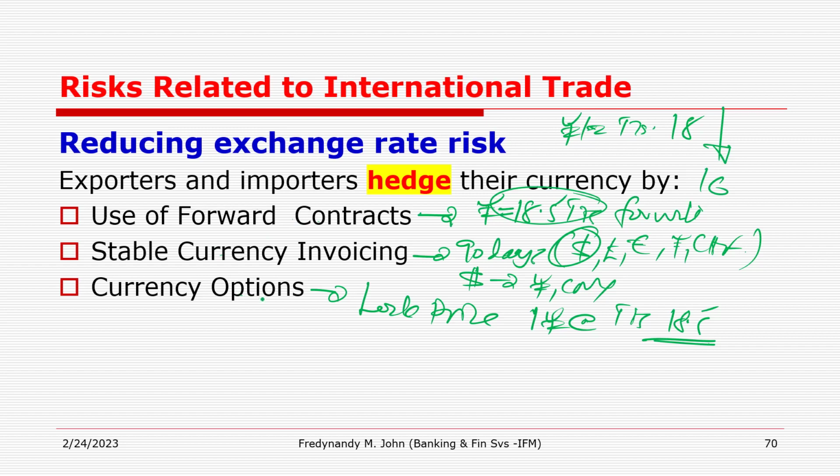With the currency option, this is not a binding contract. On maturity, if the market price is greater than the strike price, then you can sell at the market price. Let's assume the market price is 20 Tanzanian shillings for a single Japanese yen. Then that means it is profitable for you to sell this Japanese yen at the market rather than selling at the contract price.